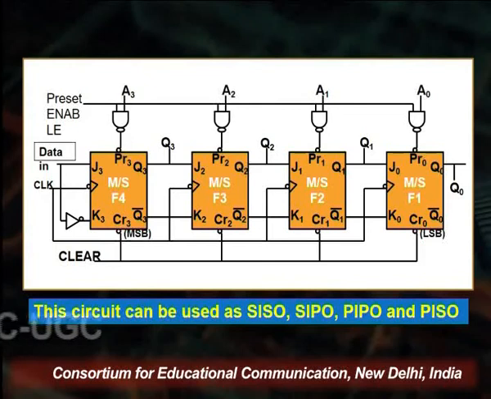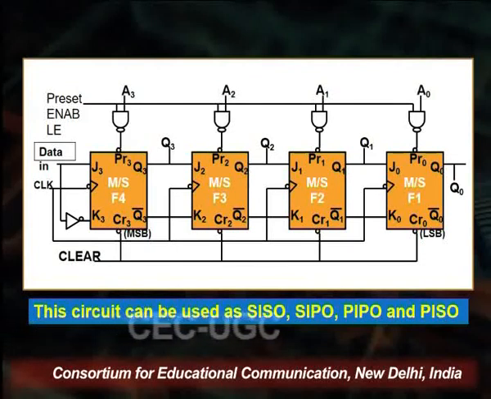Now, the thing to concentrate on here is that we have the same circuit, if we compare, for which we use the SISO and the SIPO. We have the same circuit here, but in this case, we have used a NAND gate instead at the preset point.